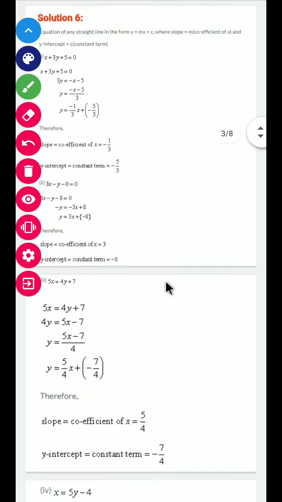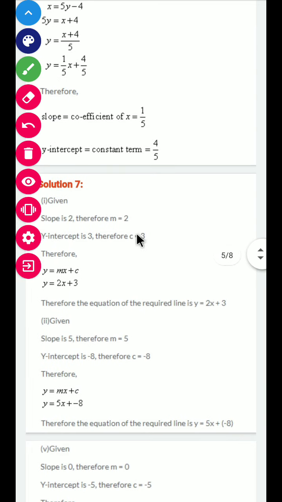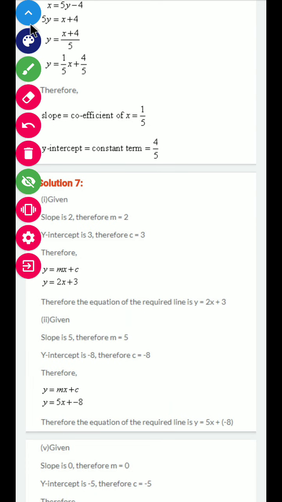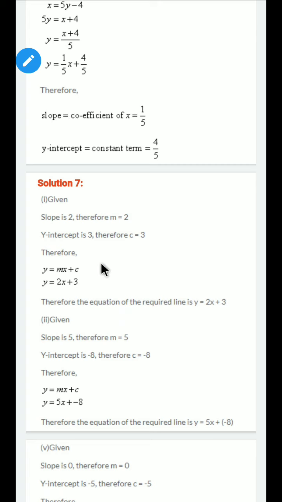Now go to question number 7. Question number 7 is given here. Find the equation of the line whose slopes are given and y-intercepts are given. Look at the first one.